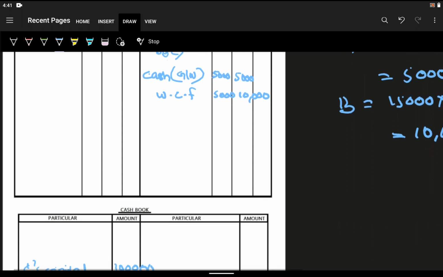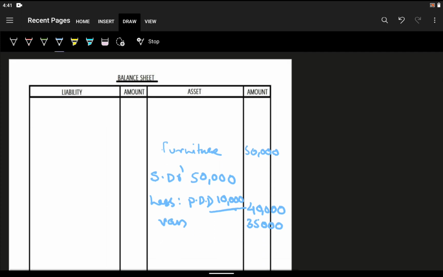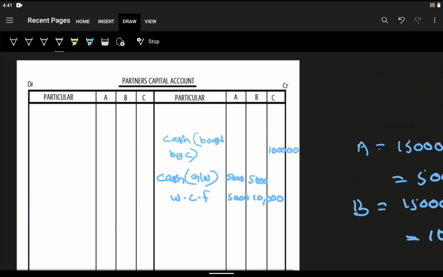Next, after that, that 5,000 which we didn't distribute, we will write in the balance sheet directly, workman compensation fund 5,000. This you always want to take care of. Whenever there is a claim, you deduct it from the workman compensation fund, and only the remaining amount is distributed to all partners in their profit sharing ratio.